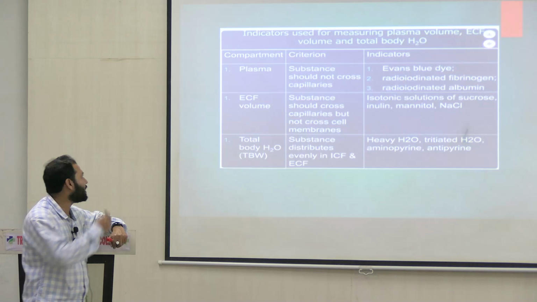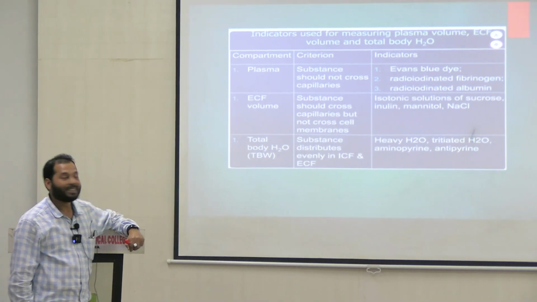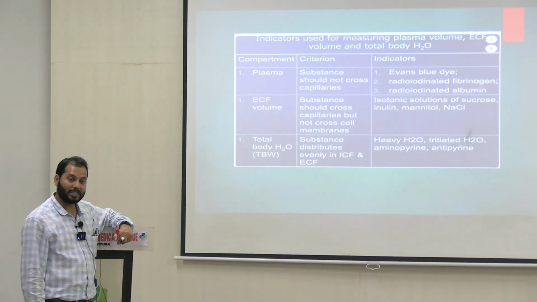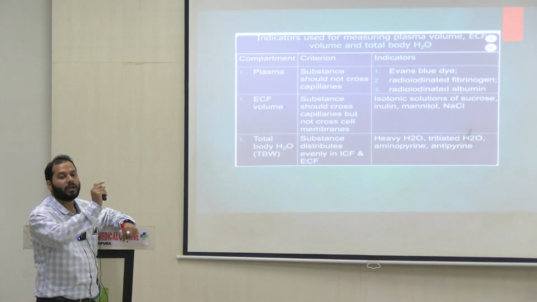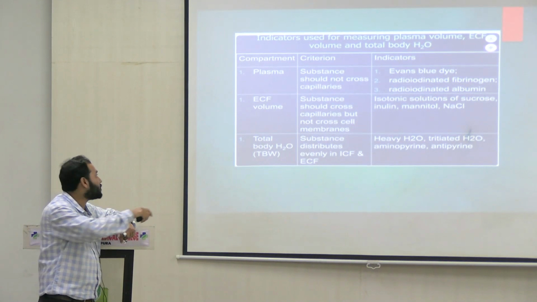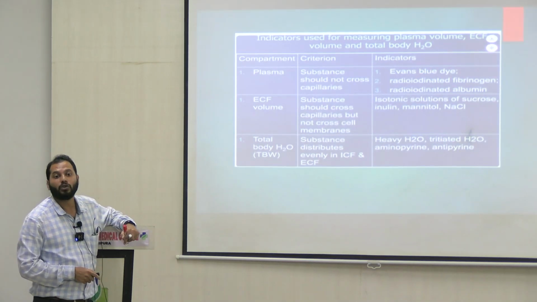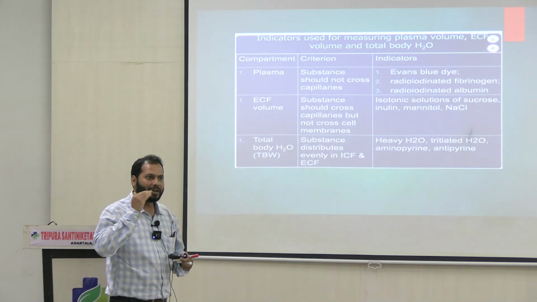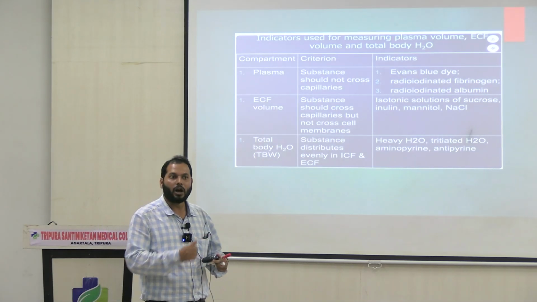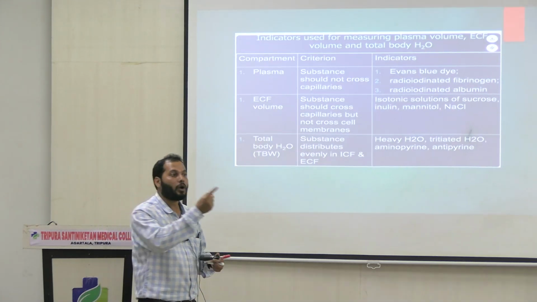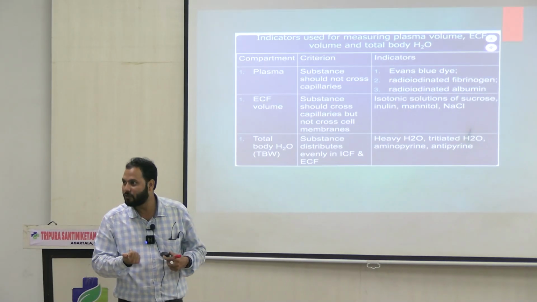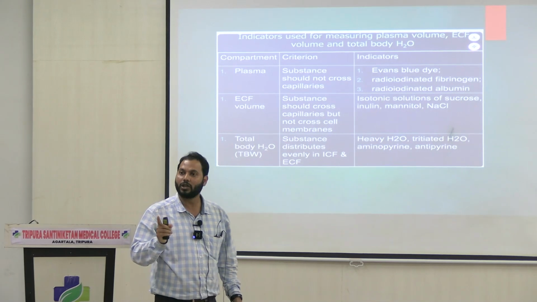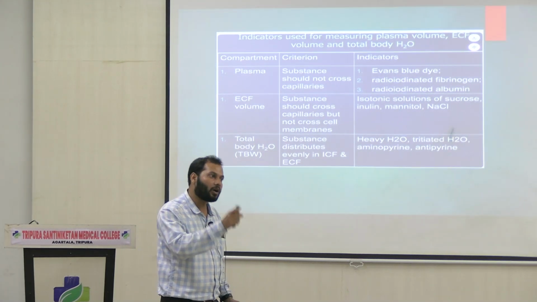The most important one is Evans blue, which is used to determine the blood plasma. Why are these specific? Because, as you've already seen, this dye is not allowed through the capillary wall, so there is little or no chance of the dye leaking from blood plasma to the interstitial fluid. So whatever volume we get is the total volume of blood plasma only.